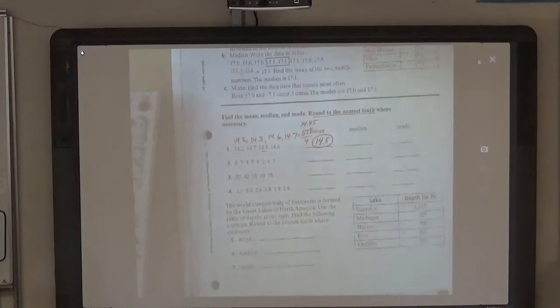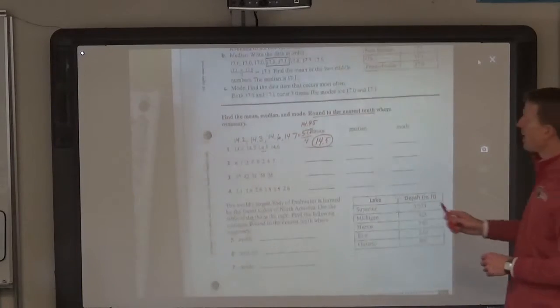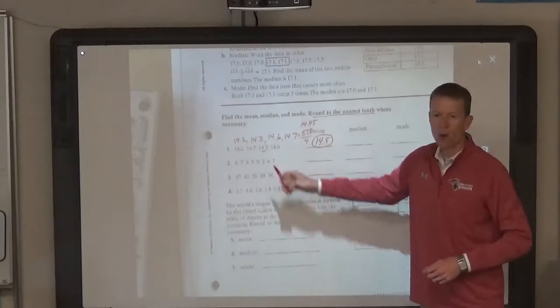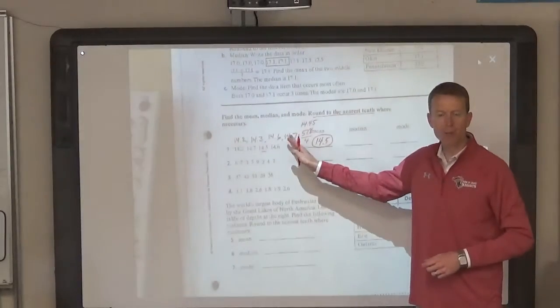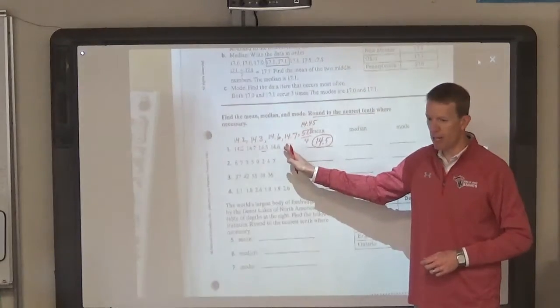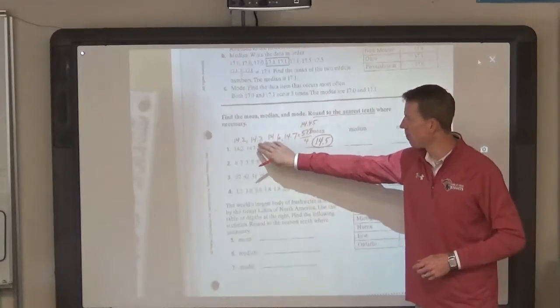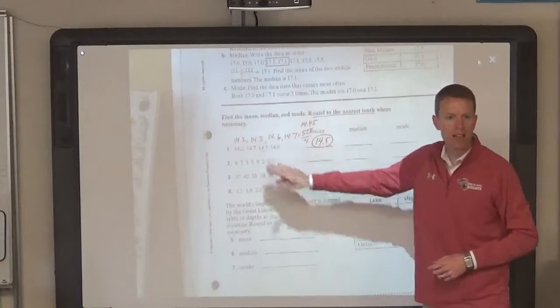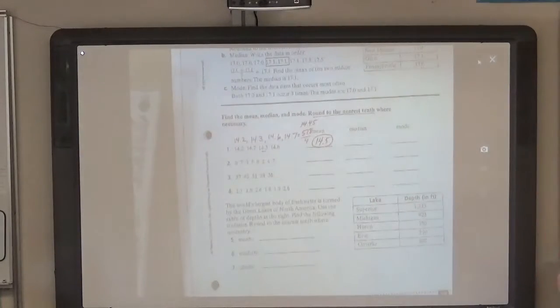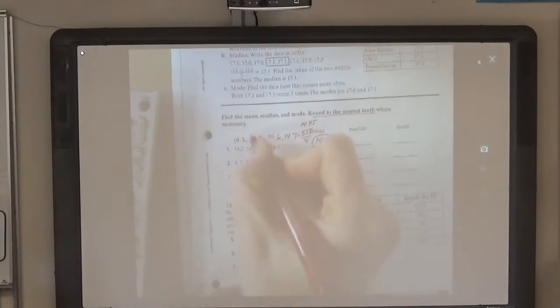The median. We have 4 numbers, and so we can't pick a middle number. There'd have to be an odd number of numbers to pick a middle number. So we have to average the 2 middle numbers. Find the mean of the middle 2 numbers. So add these 2 together.